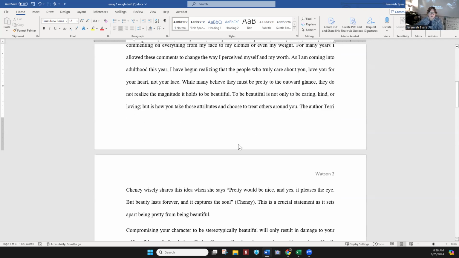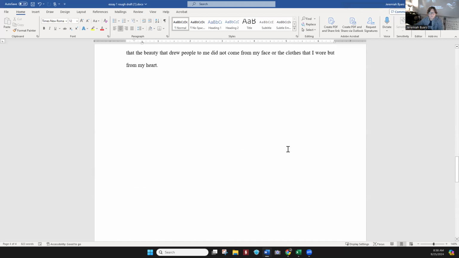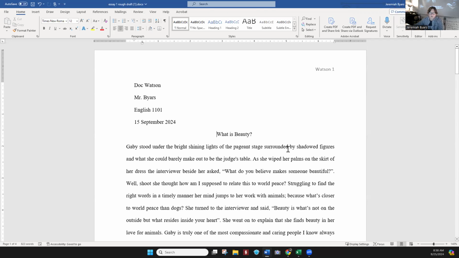Okay, "What Is Beauty?" First thing I'm checking is MLA formatting. And I already see many errors. Every error is 5 points off. Well, this is paper one, so it's probably going to be a lot of errors. I'm going to say 5 points off.